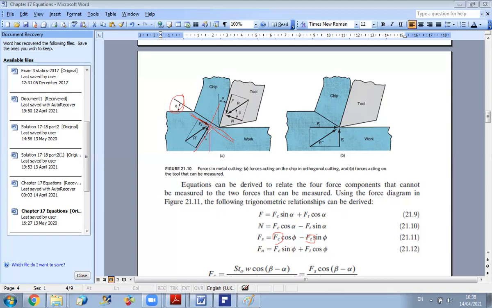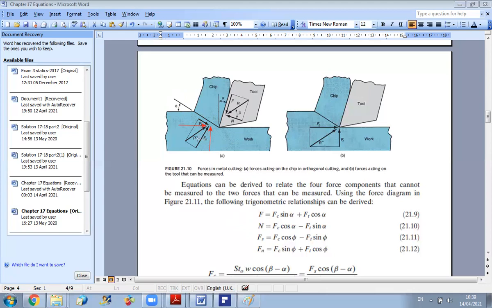Here you don't take the opposite, because Fs plus Fn is equal to R prime, not minus R prime. So now you take Ft like this. So this is Ft. You take plus Ft and plus Fc, because Ft plus Fc gives you R prime, and also Fs plus Fn gives you R prime.